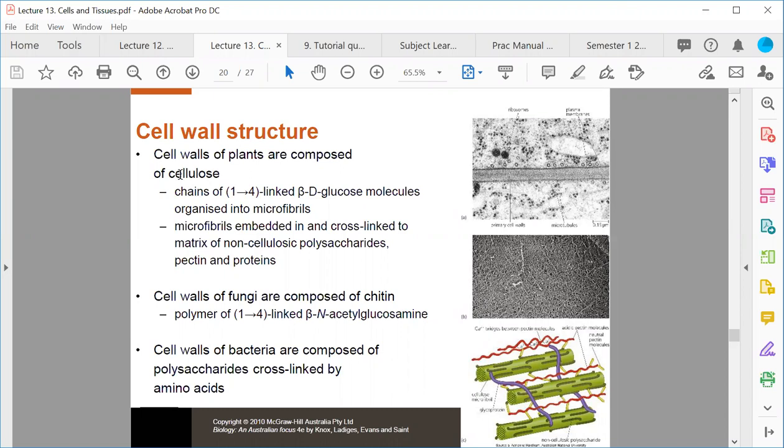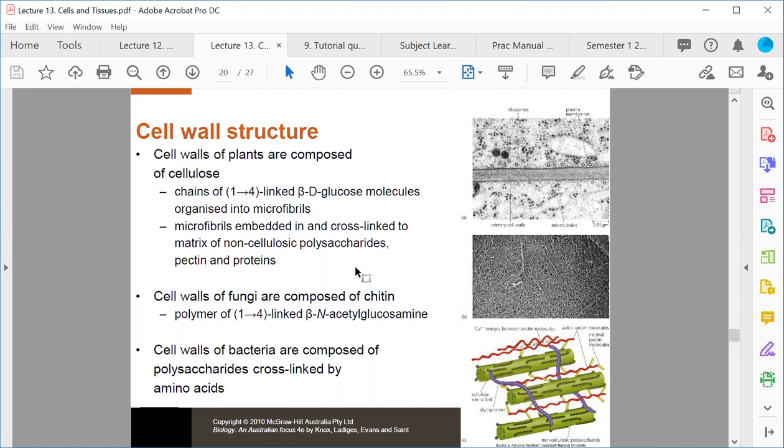So cellulose is composed of chains of glucose molecules linked together and organised into microfibrils. Those microfibrils are then embedded in and linked to a matrix of other polysaccharides, one of which is called pectin, and various proteins.